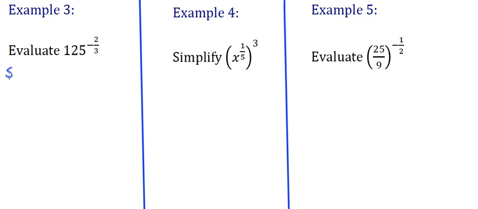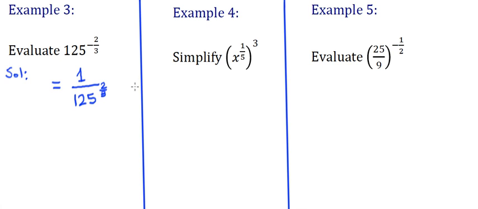Solution here. Notice we are dealing here with a negative exponent, so this should be equal to 1 over 125 raised to 2/3. 2/3 becomes positive now, right?